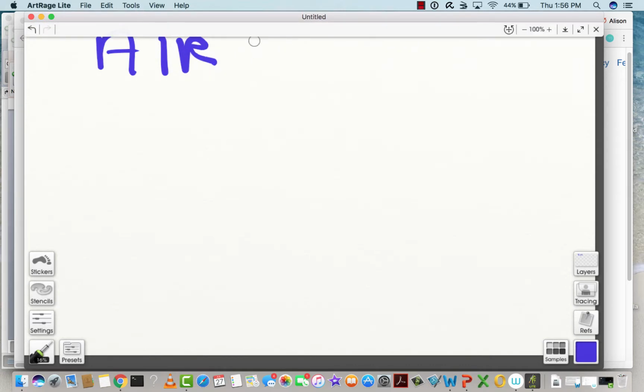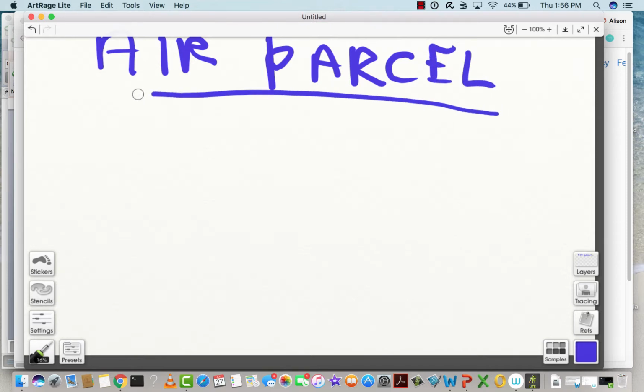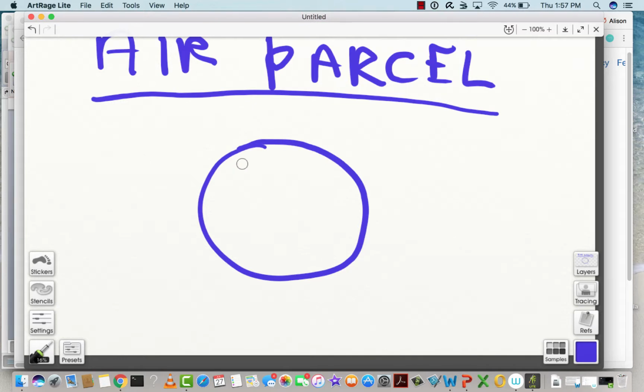Air parcel. So an air parcel, as you might guess, is a parcel of air, and we're just going to focus on that single air parcel to figure out what's going to happen to it in the future. So we can start by drawing a picture of an air parcel. Looks like this.